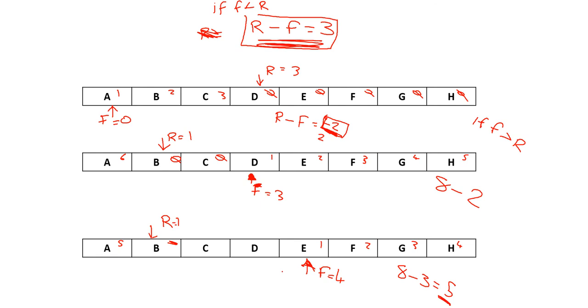That's the empty space. Yeah, so that formula seems to work. So we're wanting to subtract F from R, and if it's a minus number, we need that negative number to be deducted from, or the negative number to be added to the size of our queue.